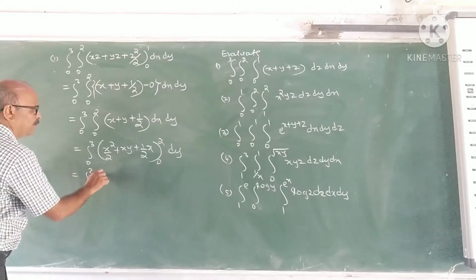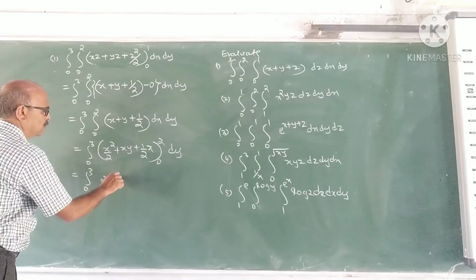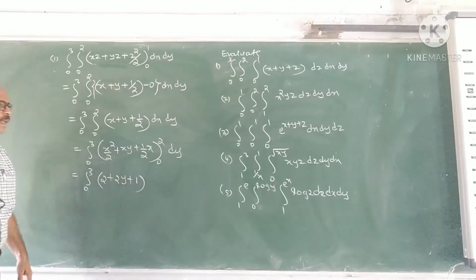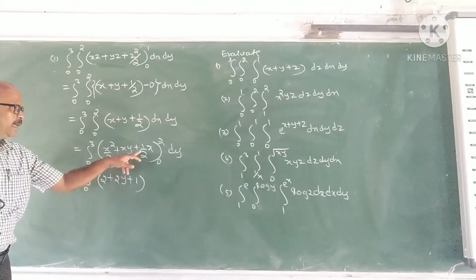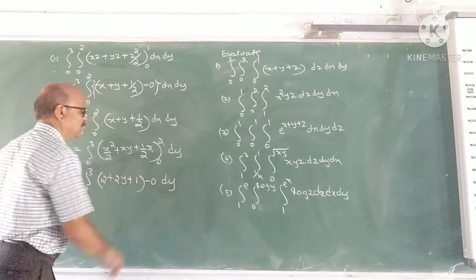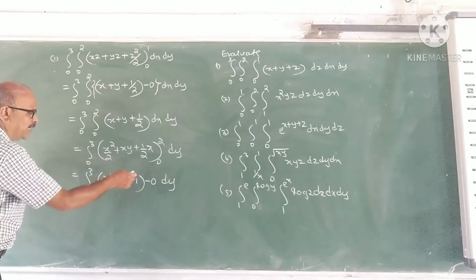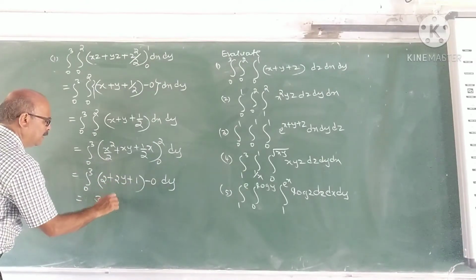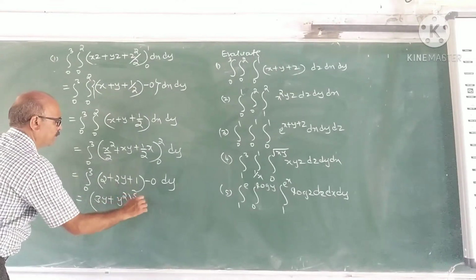0 to 3, 2 square, 4 by 2 is 2, 2y plus 1, minus 0 with respect to y. Therefore, now integrate with respect to y. 2 plus 1, 3, 3y plus y square from 0 to 3.